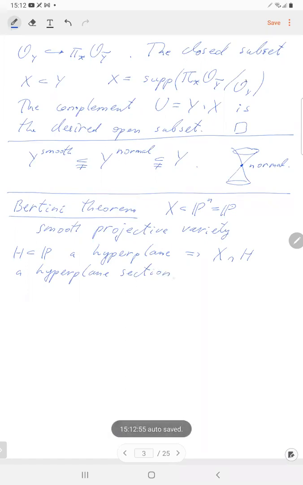Okay, so now this theorem states that for a general hyperplane, this intersection is smooth.